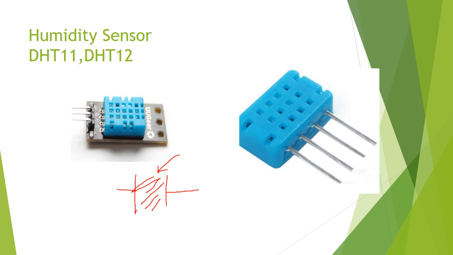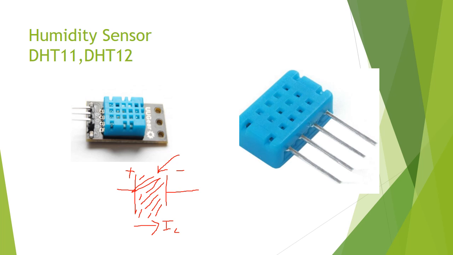If there is more moisture availability, the capacitance will change the current flowing. If there is more moisture content in the air, this dielectric medium will have more electrons that can conduct your capacitor current from your positive plate to your negative plate. So the flow of electrons will be more, and that will generate more capacitive voltage here.